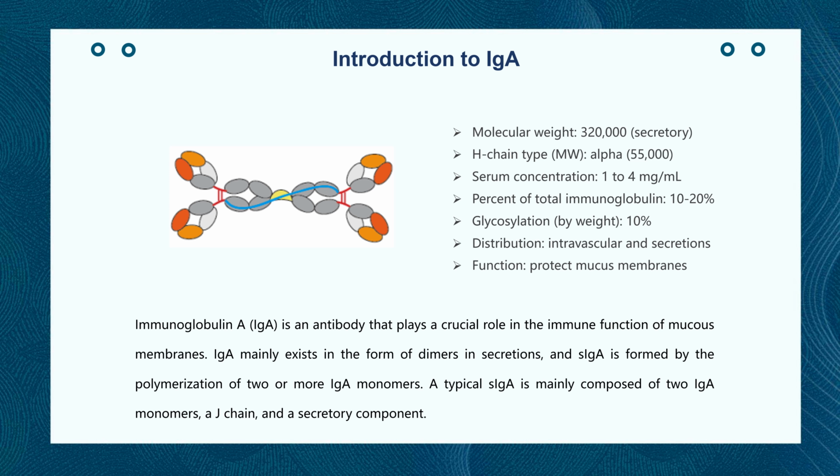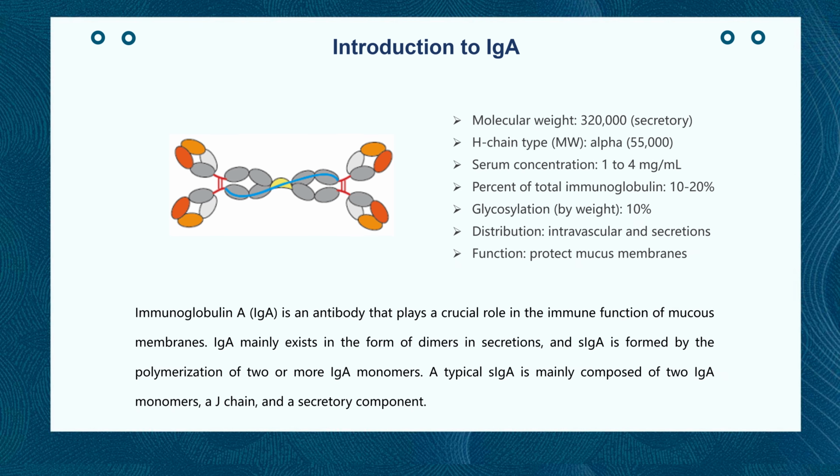A typical S-IgA is mainly composed of two IgA monomers, a J chain, and a secretory component. The secretory component is a 75 kilodalton polypeptide chain synthesized by intestinal epithelial cells, which acts as a dimer IgA-specific receptor for binding to the dimer form of IgA. The total molecular weight of IgA antibodies is approximately 160 kilodalton.